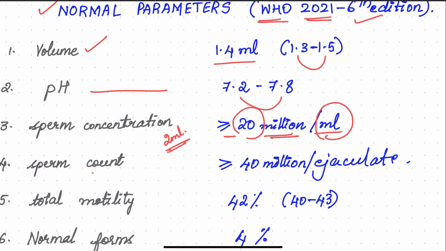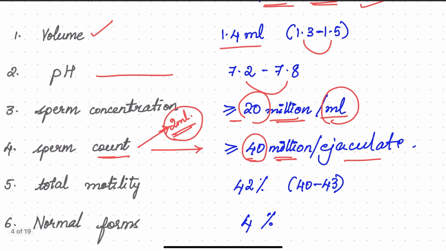Whereas the count is the total number. If he ejaculates 2 ml at one time, in the whole ejaculate, how many sperms are there? That is the total sperm count, which should be at least equal to or more than 40 million per ejaculate. 40 million sperms per one ejaculate.